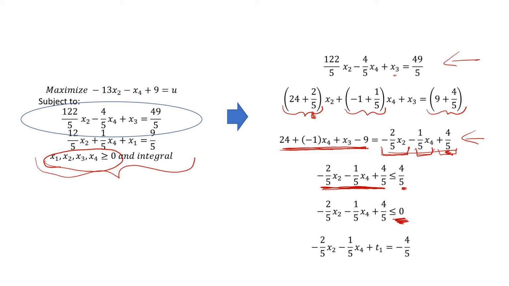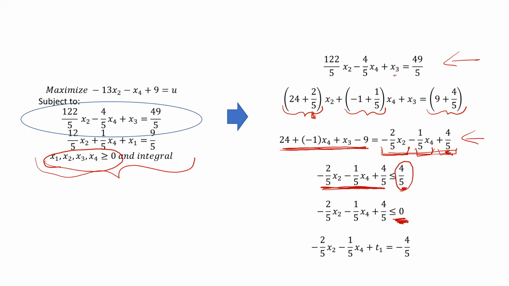It's equal to an equation that has only integers, so it itself has to be an integer value, which means it can't be 4 over 5. It can be no more than 0. In fact, because of the way we built this, it's always going to be a number between 0 and 1. So that means that what I have on the right-hand side is going to be less than or equal to 0.